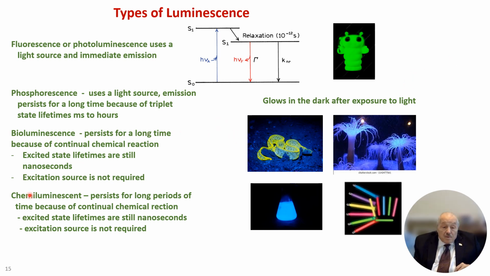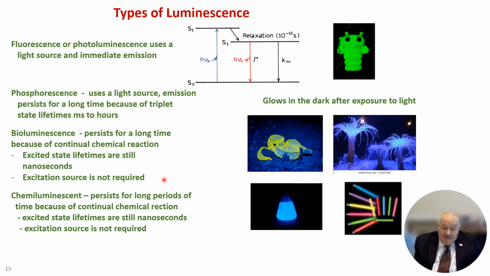Now there are two other types of luminescence that can be confusing. There's bioluminescence, which arises from species in the ocean typically, although I've heard there are some bioluminescent plants you can buy now. And this looks like it's continuous, but bioluminescence really is not continuous.